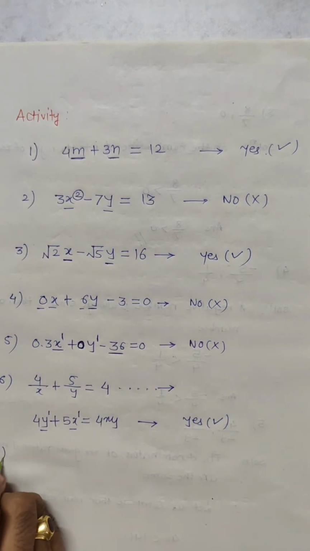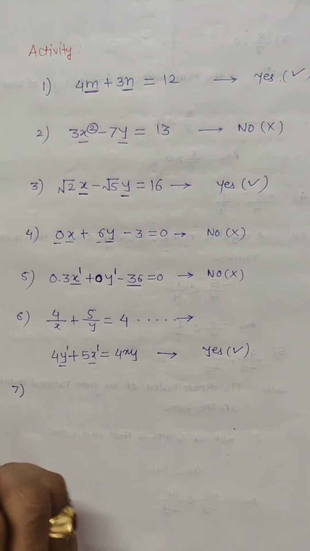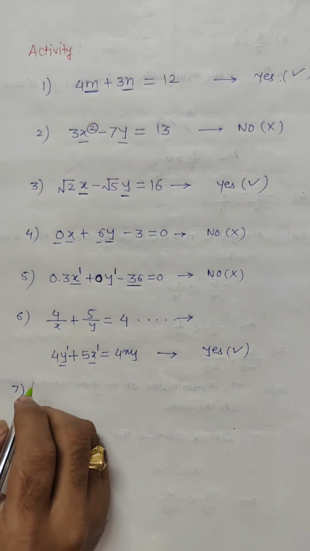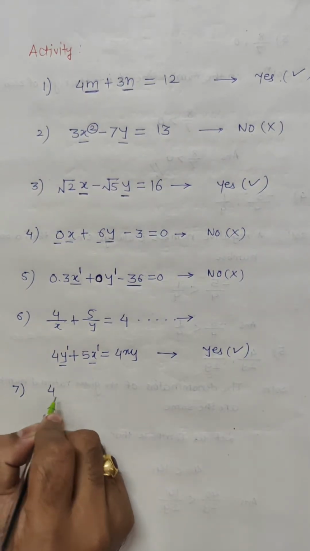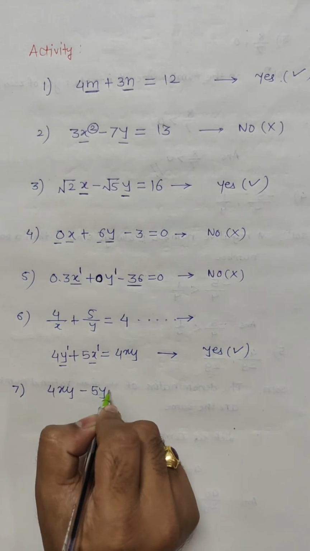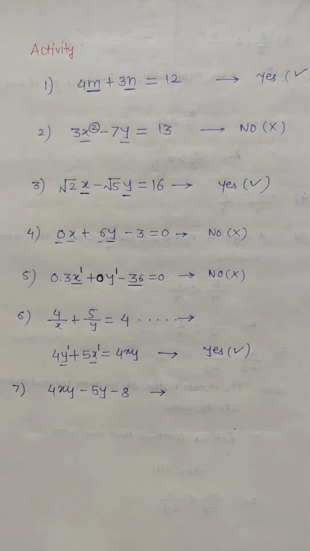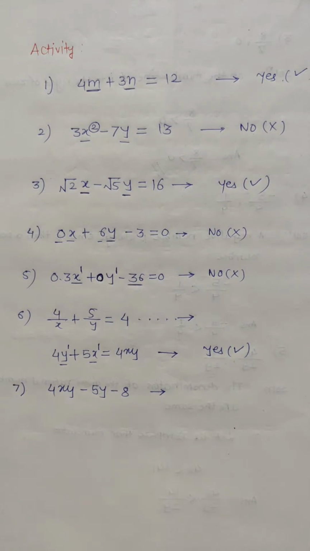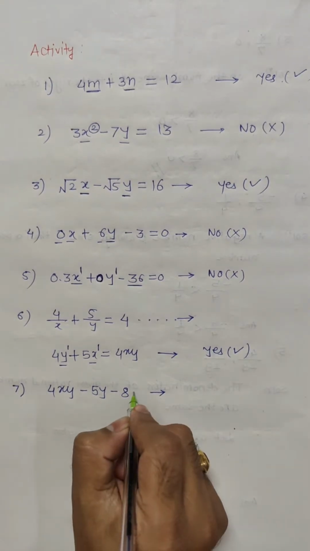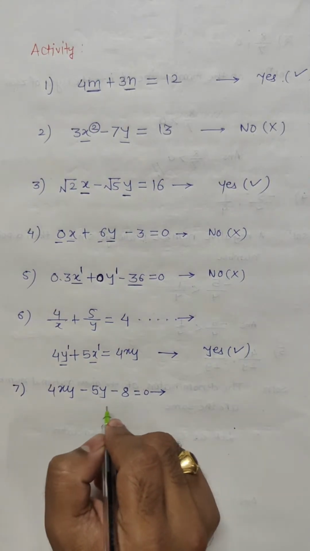Seventh example. In the seventh example, we focus on 4xy minus 5y minus 8 is equal to 0. Is this a linear equation in two variables? Two variables are given in the problem. A constant term is given to you, with the variable y term.